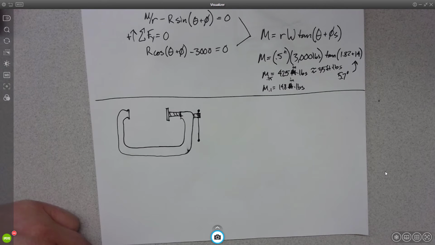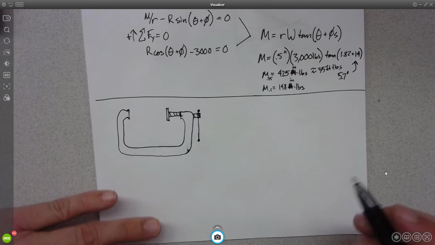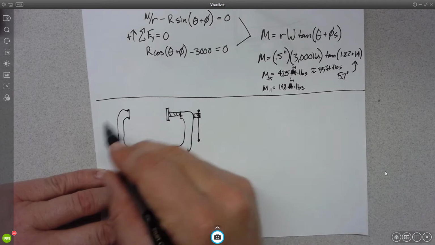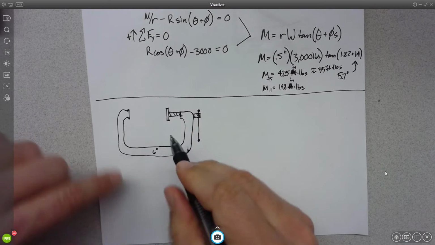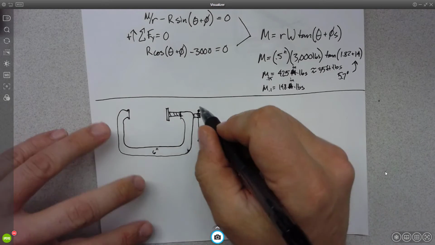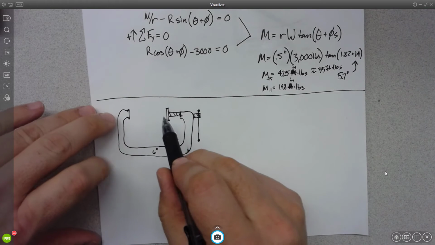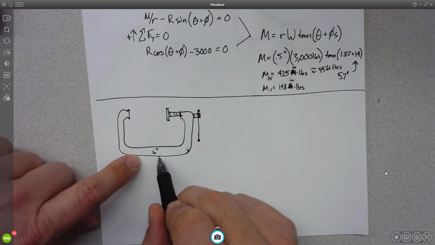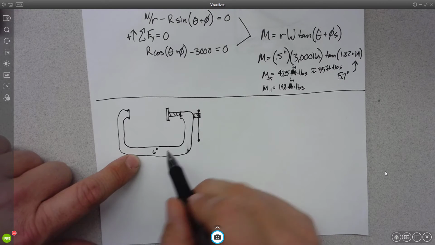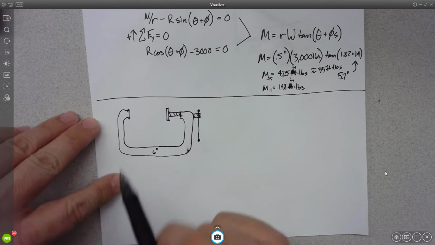Okay? These things are built for smashing stuff. Or holding stuff. But how does it hold it? By smashing it. That's right. Okay? So, let's say this is a 6-inch C-clamp. That means it's got a 6-inch throat, or a 6-inch opening. And does that matter for our analysis of how hard I can squish? Not a bit.